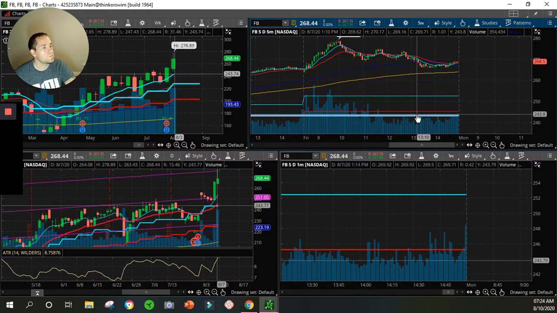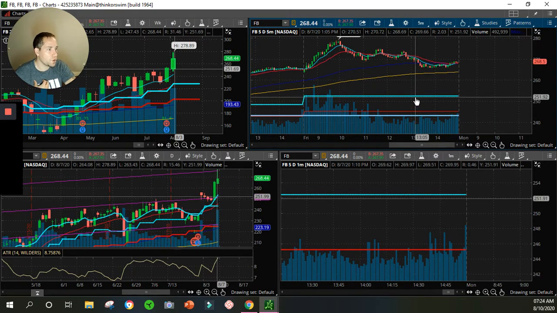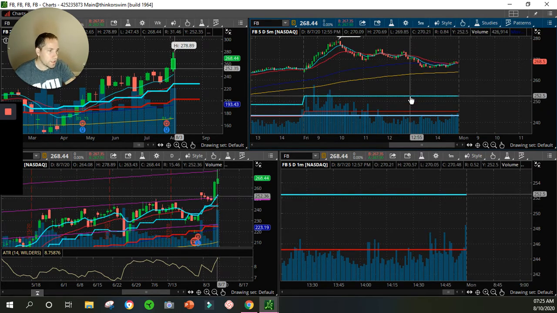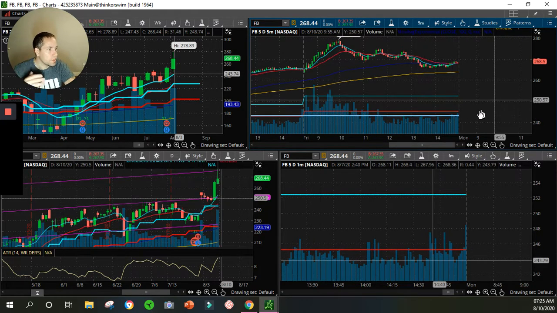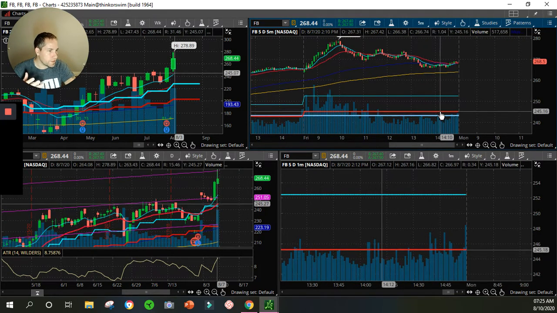You can adjust the boldness of these, which is what I use, so I know which one's the daily, which one's the weekly. I have the 8 EMA on each time frame, and it gets bolder as you go higher in time frame. And then my 20 EMA I use as the red, and same thing, it gets bolder, so I know that this one right here is the daily.